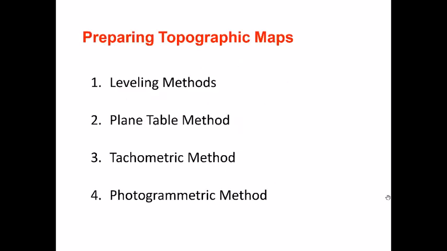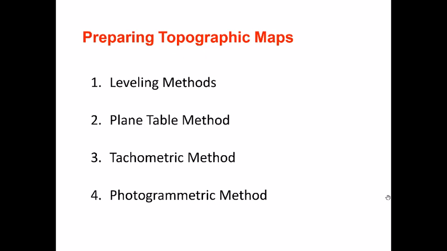So now that we have understood what contour maps represent and what information you can gather out of them, what the properties of the contour lines are and everything, now it's time to see how you can prepare these contour maps or topographic maps. So we have a number of ways. Basically, the information at the end that we require is both horizontal control and vertical control. Because one, this is a map that shows elevation differences, and that means you need to find out reduced levels.